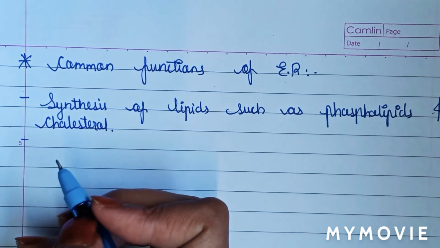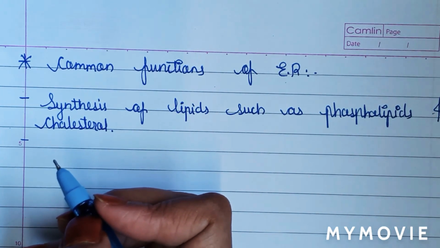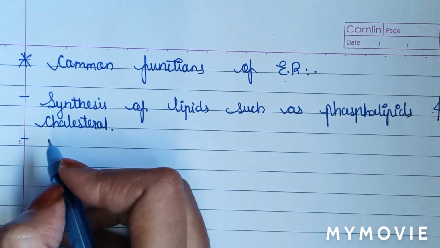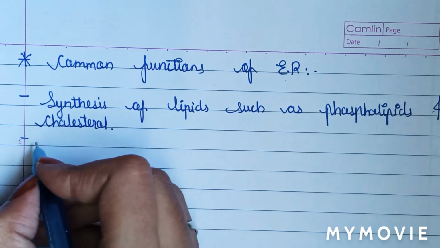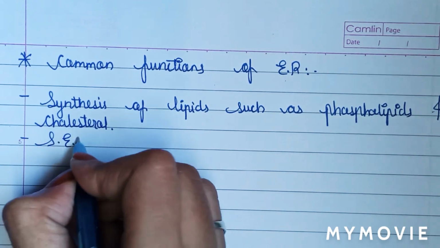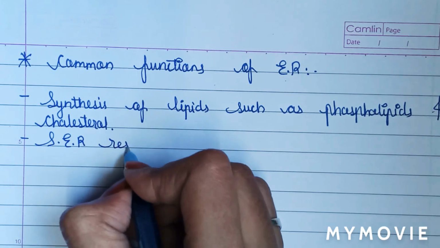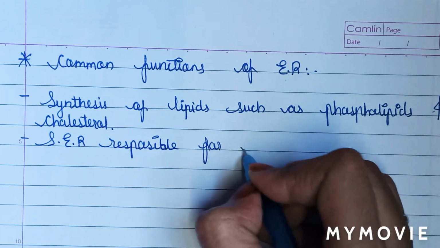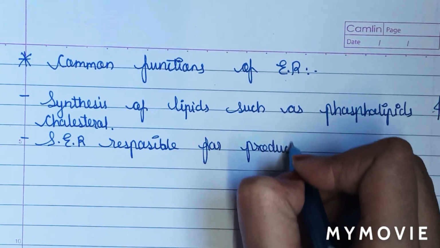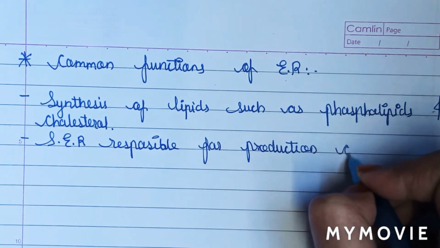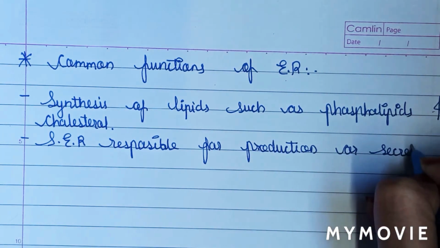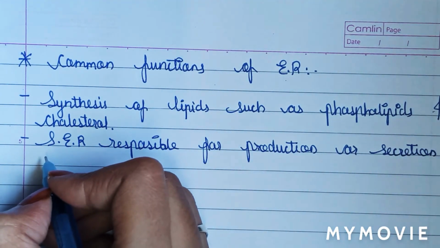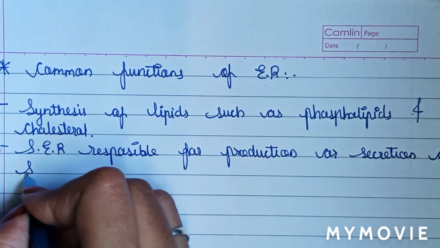Smooth endoplasmic reticulum is also responsible for the production and secretion of steroid hormones. Okay? Smooth endoplasmic reticulum is responsible for production or secretion of steroid hormones.